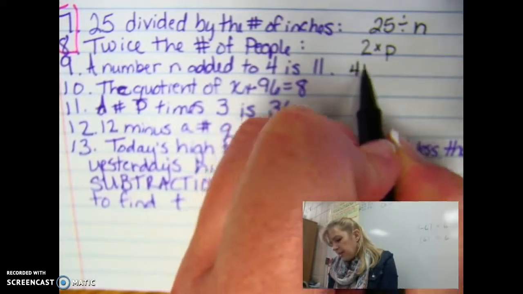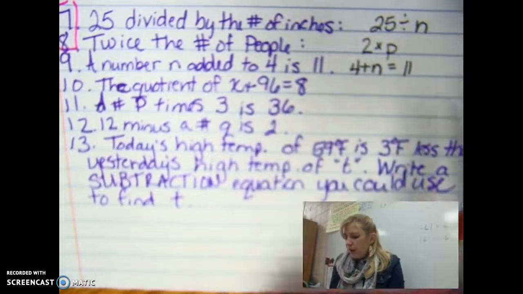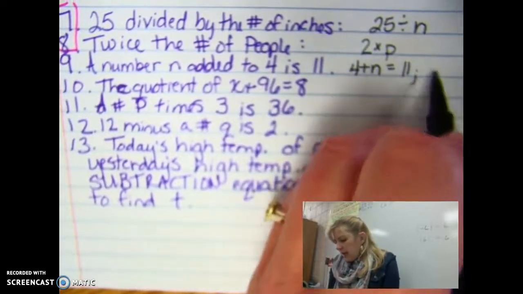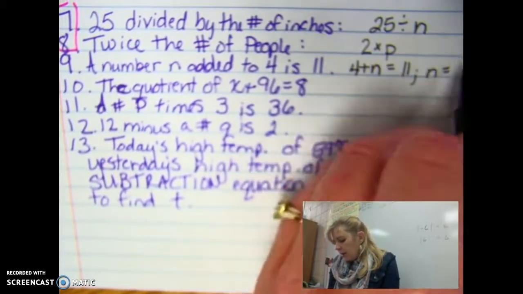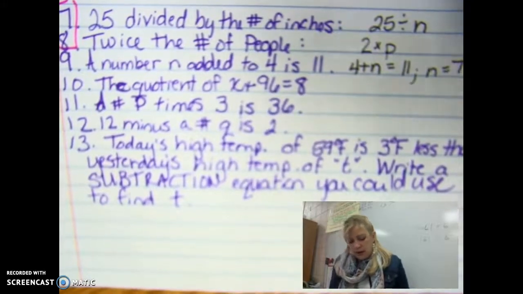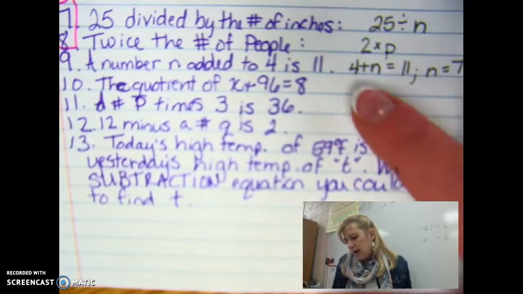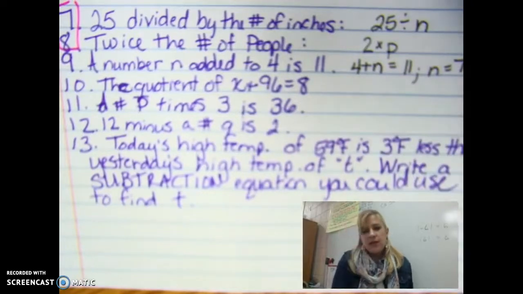So 4 plus n equals 11. Many of you know, okay, if I were to fill in the blank, n is going to equal 7. So would you please try doing 10 through 13 and pause me? Then we will go through them together.